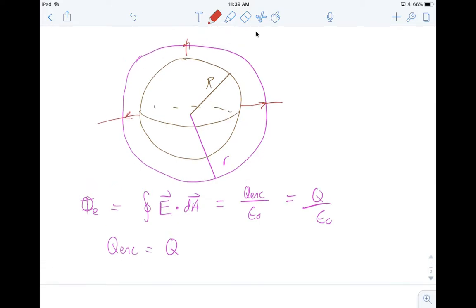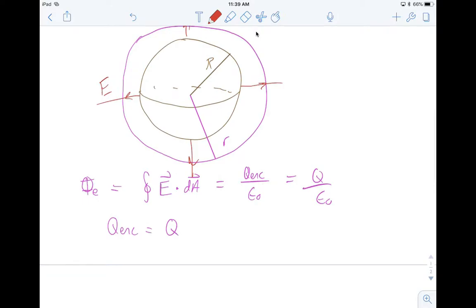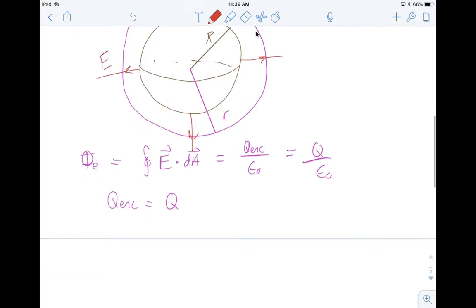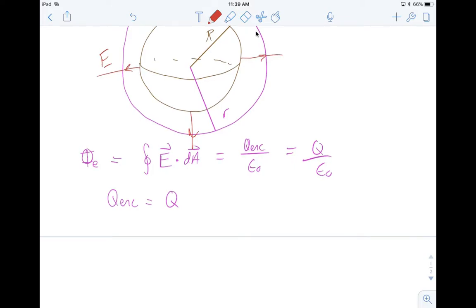The electric field at each point on this surface is the same, and it is perpendicular to the surface, going straight through it. So if I dot the electric field with the area vector, E times A times cosine theta is always just E times A.